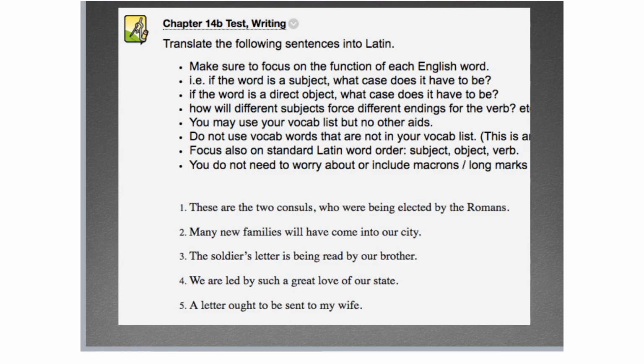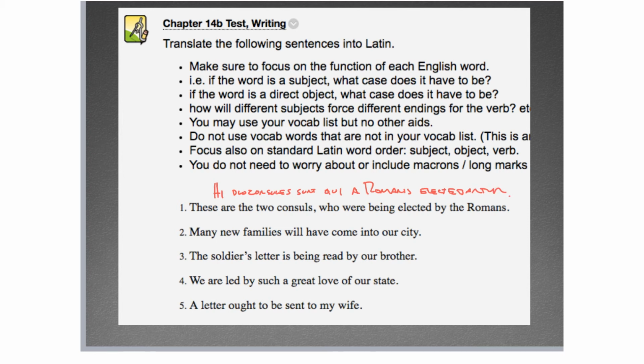All right, in writing, we're just going English to Latin. All right, so these are the two consuls who were being elected by the Romans. So hi duo consules sunt, qui Romanis eligebantur.